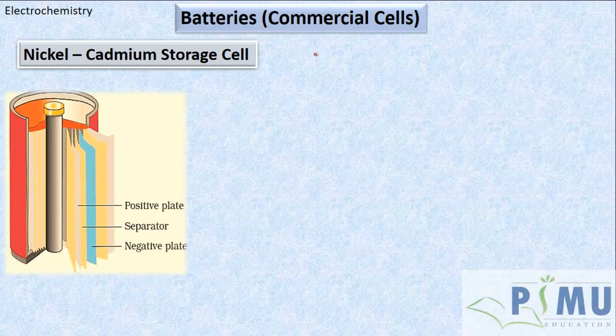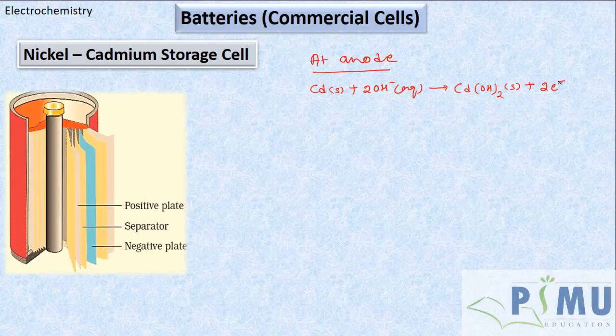At anode, cadmium plus 2OH- gives cadmium hydroxide plus 2 electrons. This is the reaction that takes place at anode.